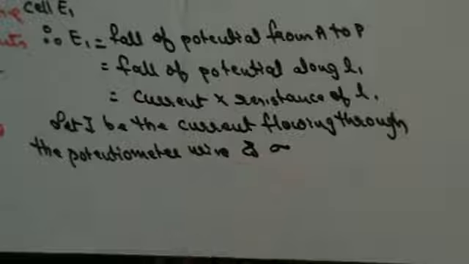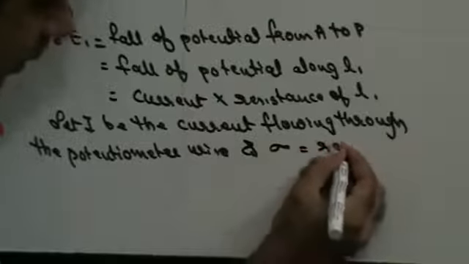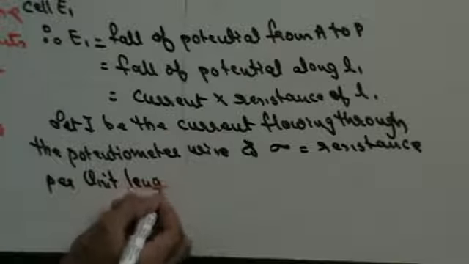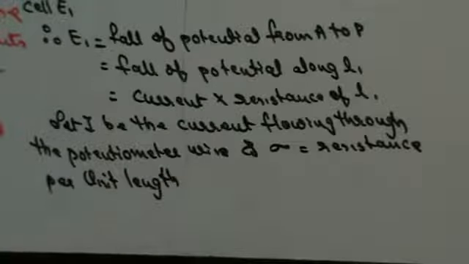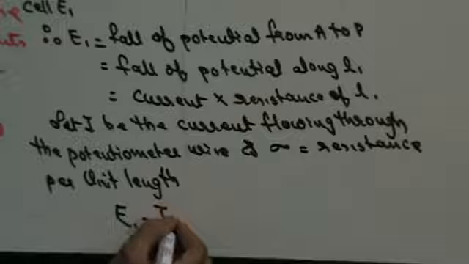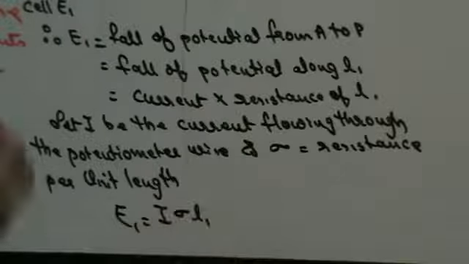In which case I can therefore say that E1 is current I times the resistance of length L1, which will be sigma L1. So E1 will be equal to I sigma L1. Now replace the cell E1 by E2 and repeat the procedure.